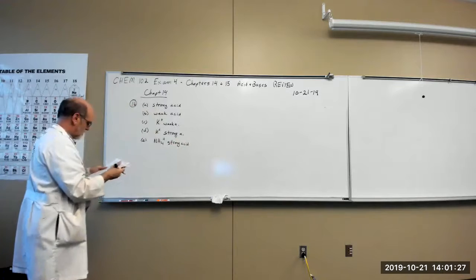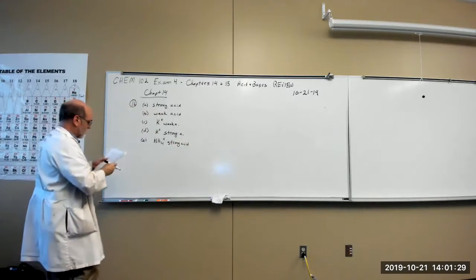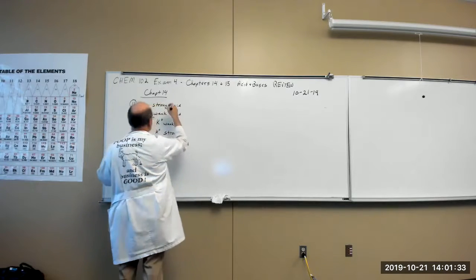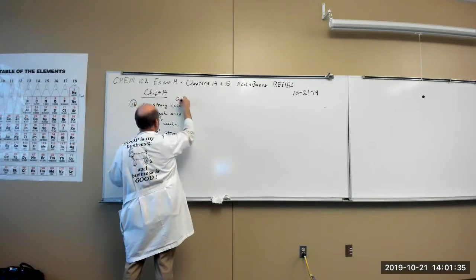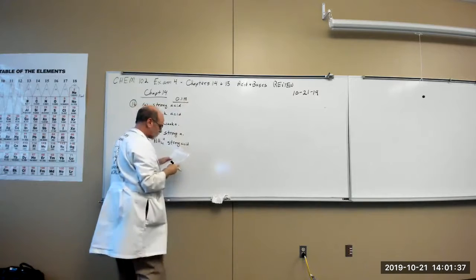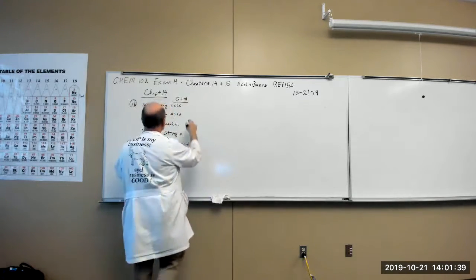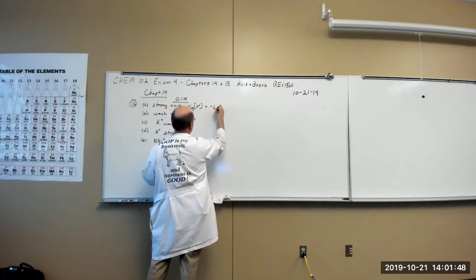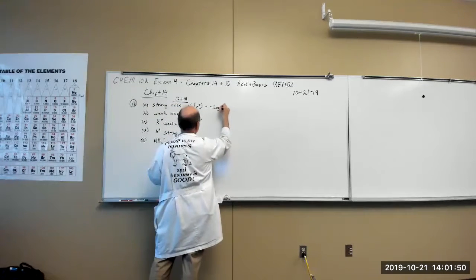Okay. First of all, what's this one going to do? Well, they're all going to be the same concentration, 0.1 molar, right? So what's the pH of this one going to be? It's going to be the negative log of 0.1 molar.